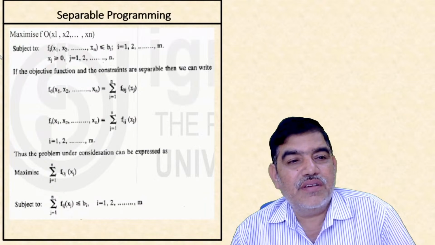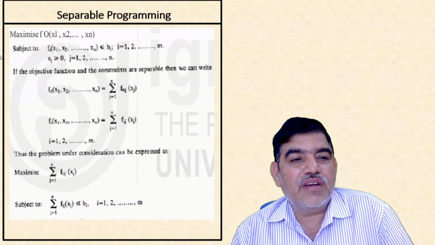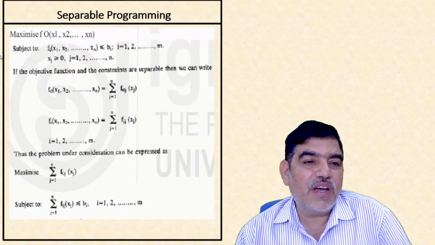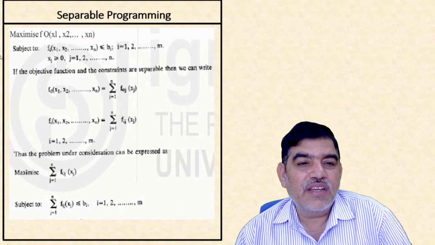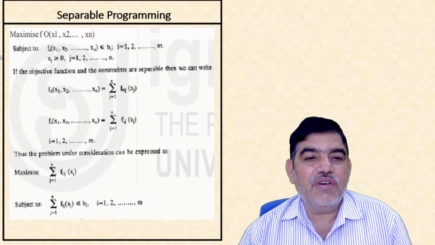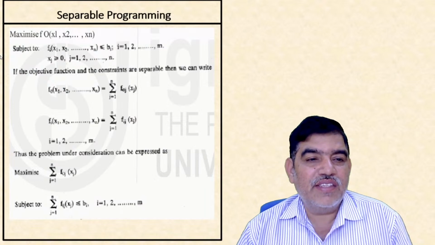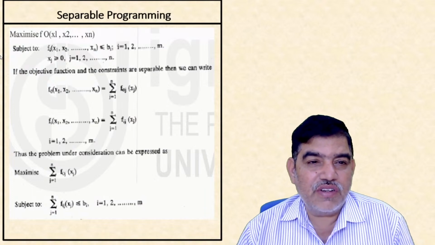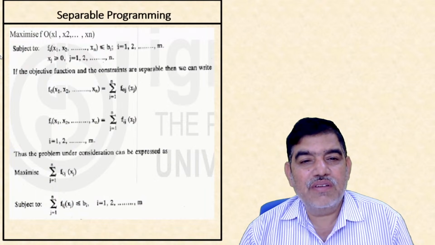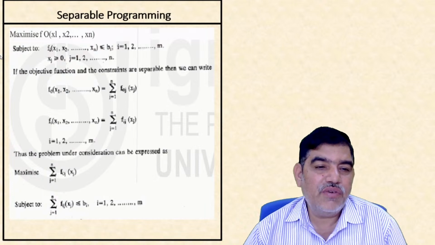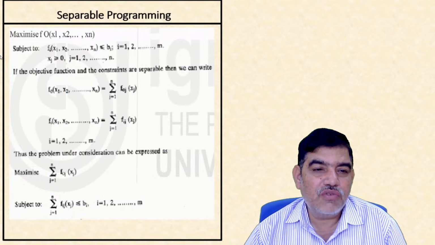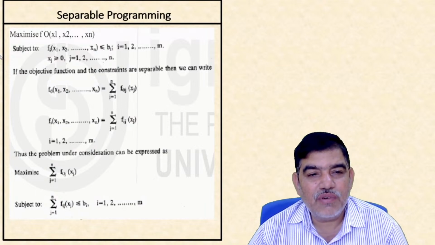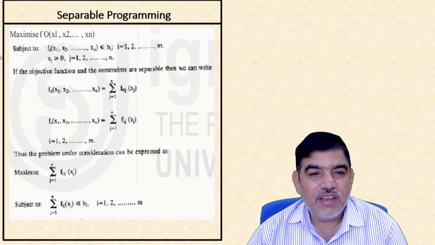Maximize f0(x1, x2 up to xn) subject to constraints fi(x1, x2 up to xn) less than or equal to bi, where i equals 1 to m, and xj greater than or equal to 0, j equals 1 to n. If the objective function and the constraints are separable, then we can write f0(x1, x2 up to xn) equal to summation j equals 1 up to n f0j(xj).